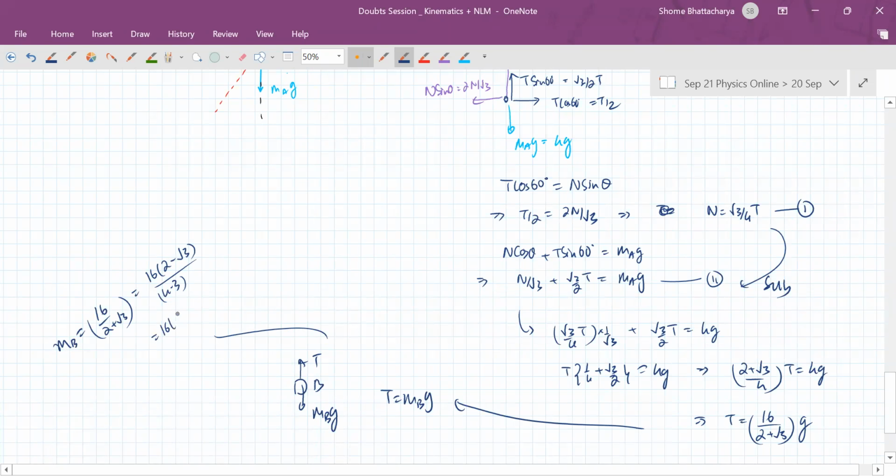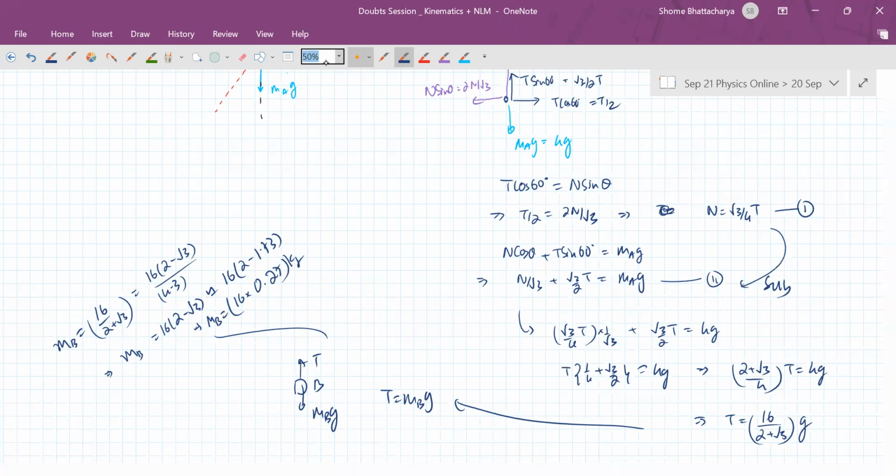It's 16 into 2 minus root 3, or approximately 16 into 2 minus 1.73, or 16 into 0.27, so 4.3. Okay, so hope this question is clear. Yes, sir.